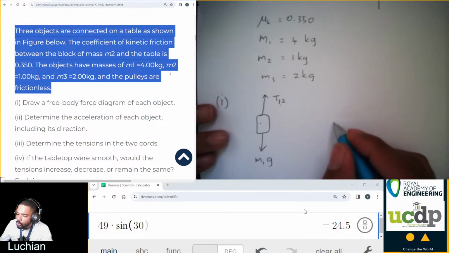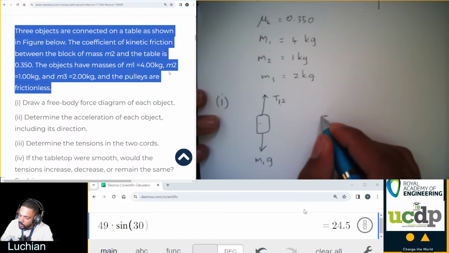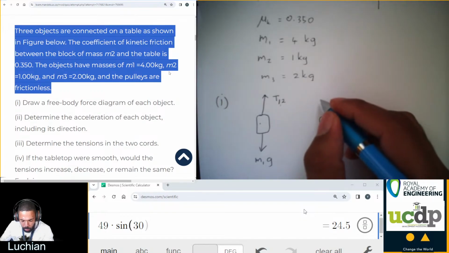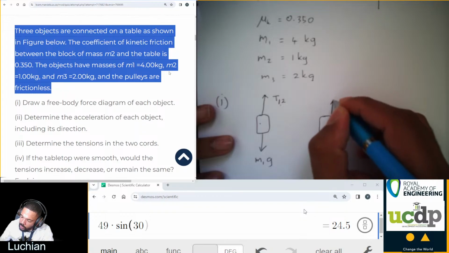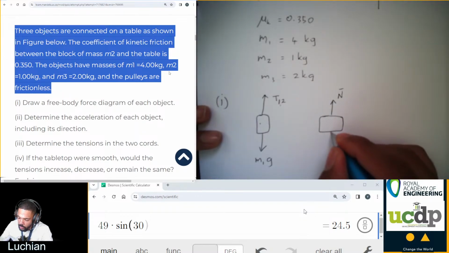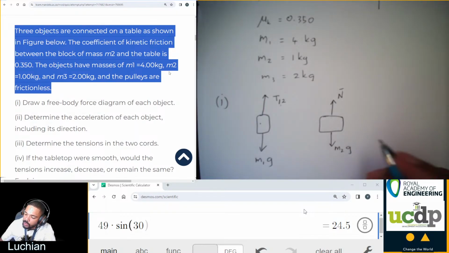Okay, now for block 2, M2, it has multiple forces on it. First of all, it has a normal force on it. That's the easiest one. Then it has its weight, its force of gravity, so the mass of 2 times the gravitational acceleration.